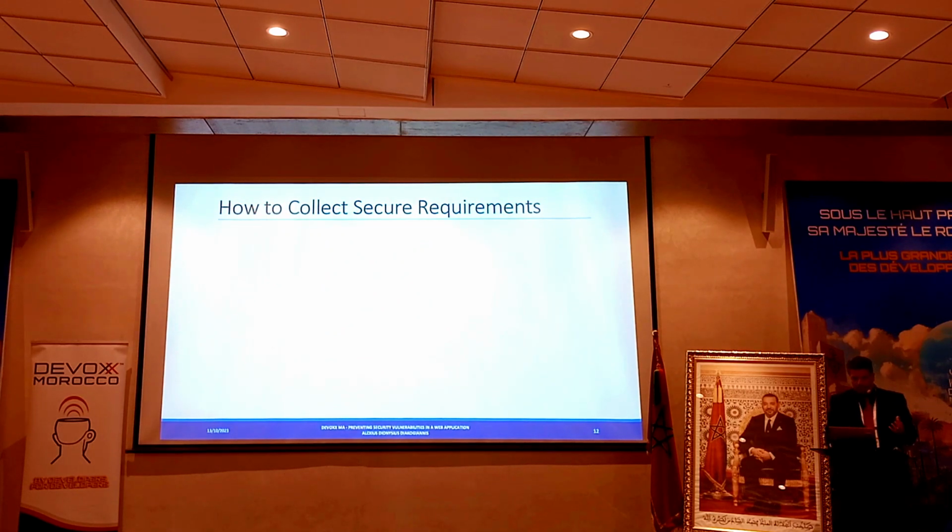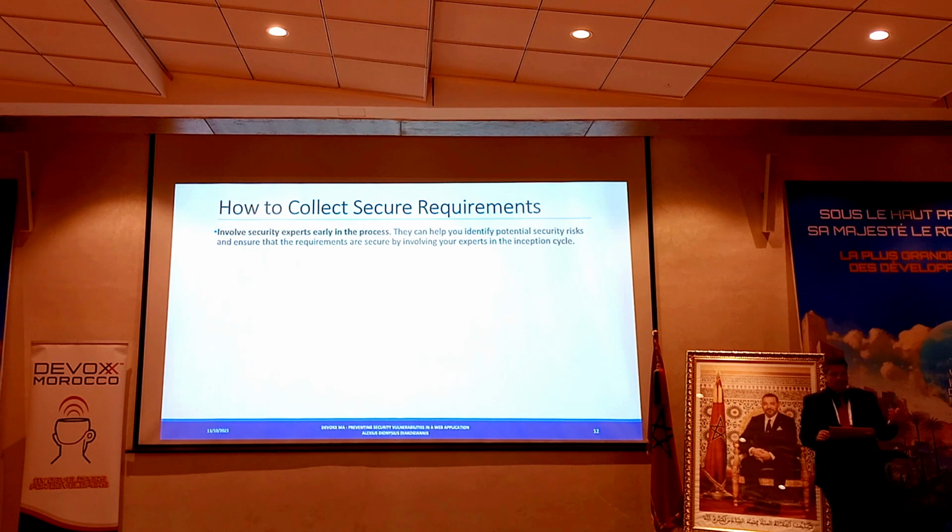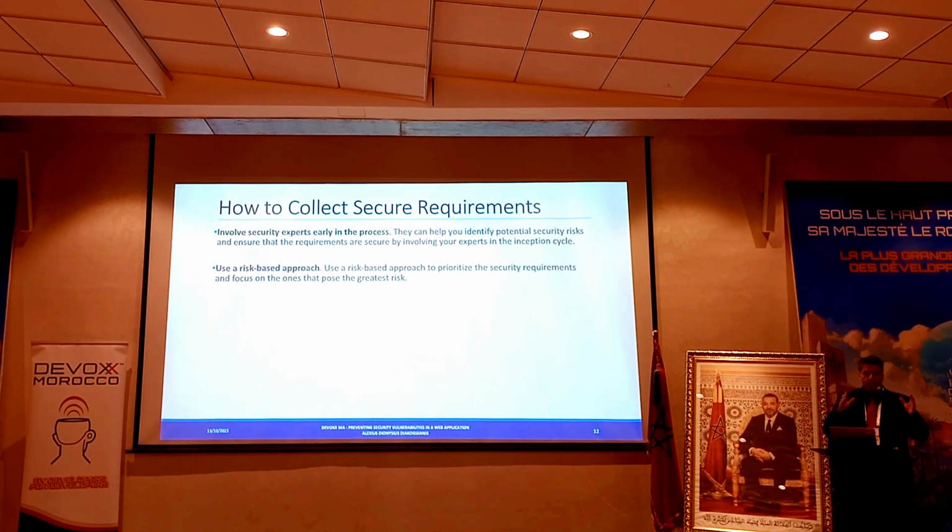What does this mean? How do we collect security requirements? First of all, we need to involve the security experts early in the process. We need to involve them when we are collecting the requirements. We need to use a risk-based approach, and I will show you how we're going to calculate the risk.